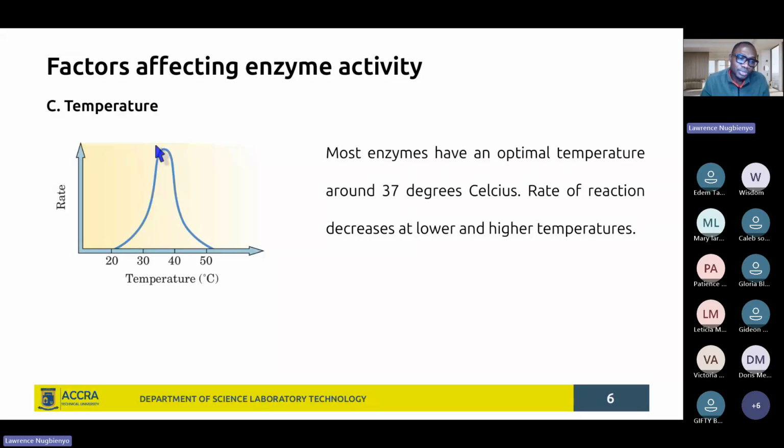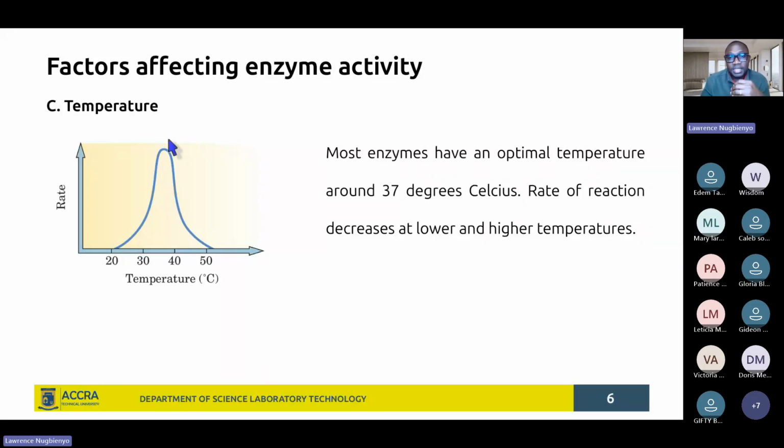How about when you consider the reduction in temperature from that optimal temperature? You see, when the temperature is below the optimal temperature, there too you see that the rate of reaction is also reducing all the way until the rate of the reaction actually gets to zero. Now, what accounts for this?